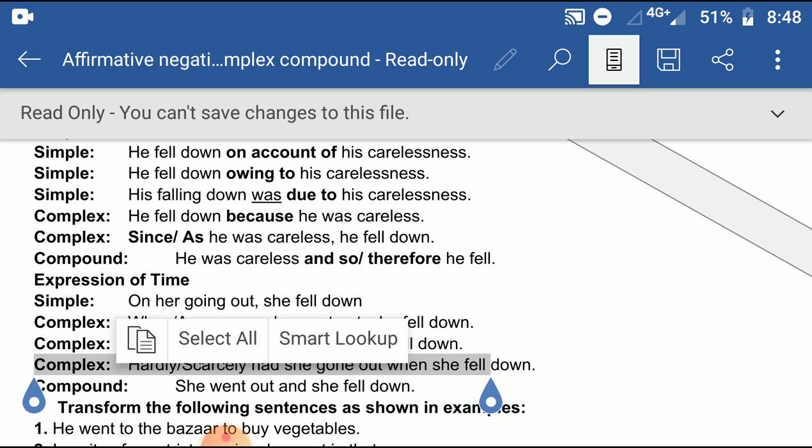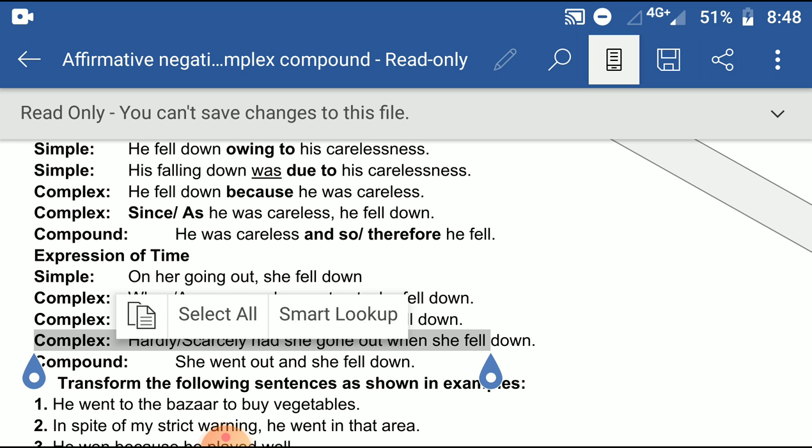So his carelessness, their carelessness is a noun, but when we write he as a subject, then we have to put a verb, he was, and then careless becomes an adjective. So when we change a possessive pronoun into a subjective pronoun, it is followed by a verb, that is was, and the noun carelessness we have to change to careless, which is an adjective.